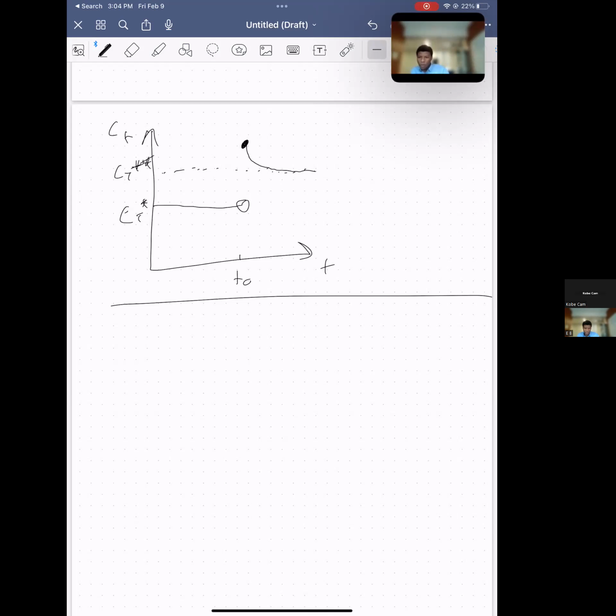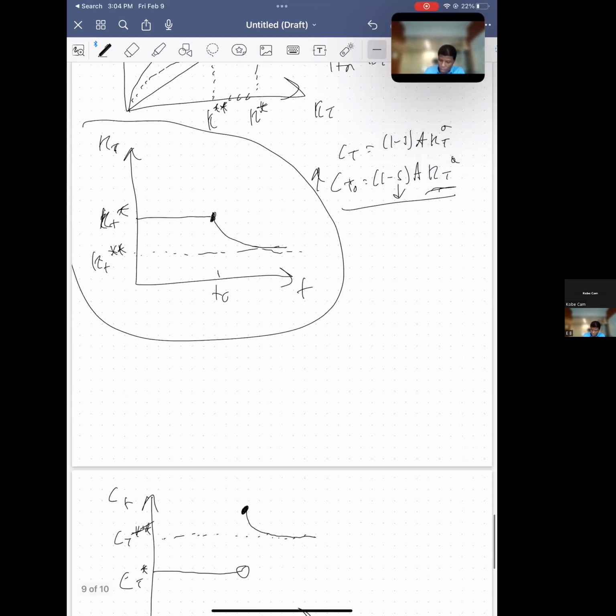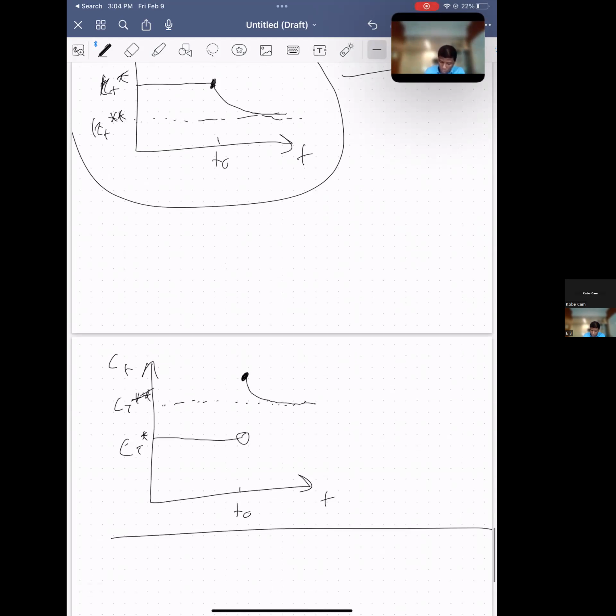So notice, this CT is below our consumption right here, and this right here is below our new CT star, our new consumption per capita double star, right? So we know that in the future we would be consuming less if we stayed as we were in this economy.